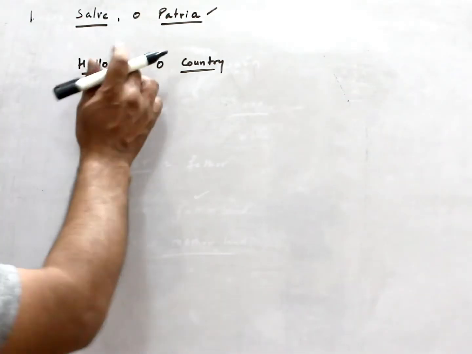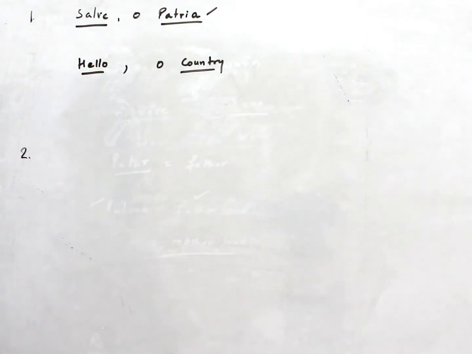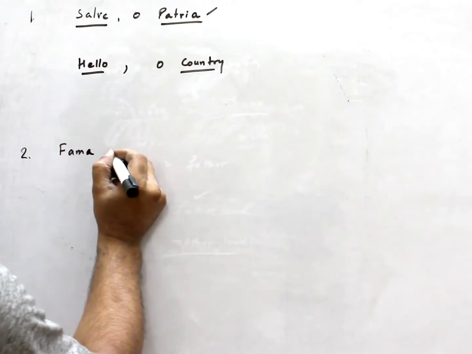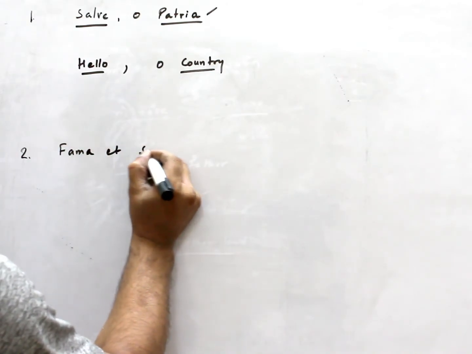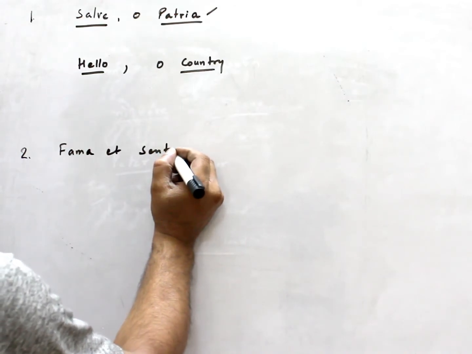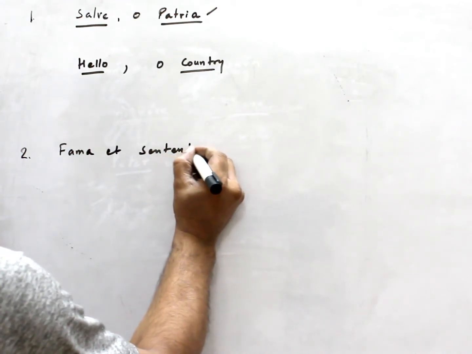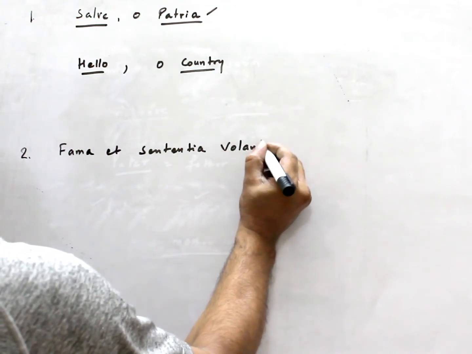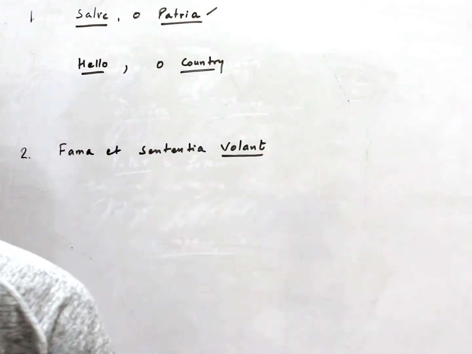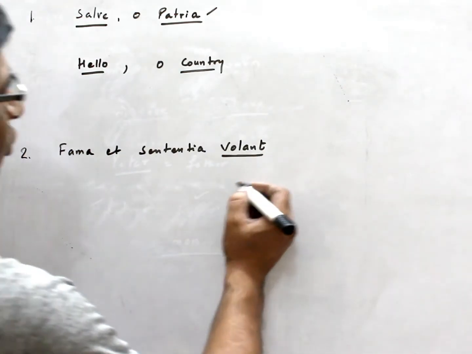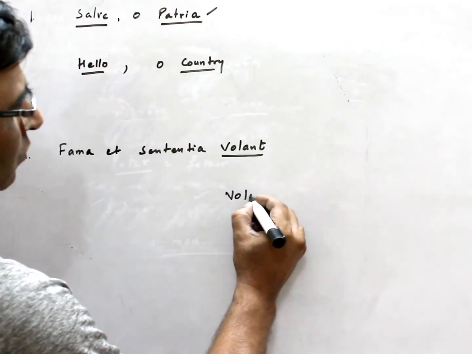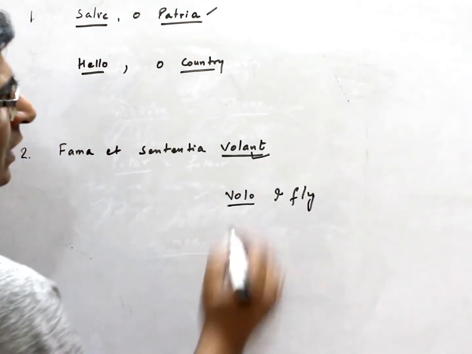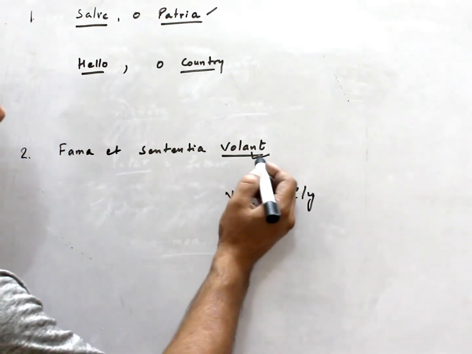Salvation comes from this. The second: fama et sententia volant. First we see this word volo, I told you, I fly, but because the conjugation is ant, it is plural.